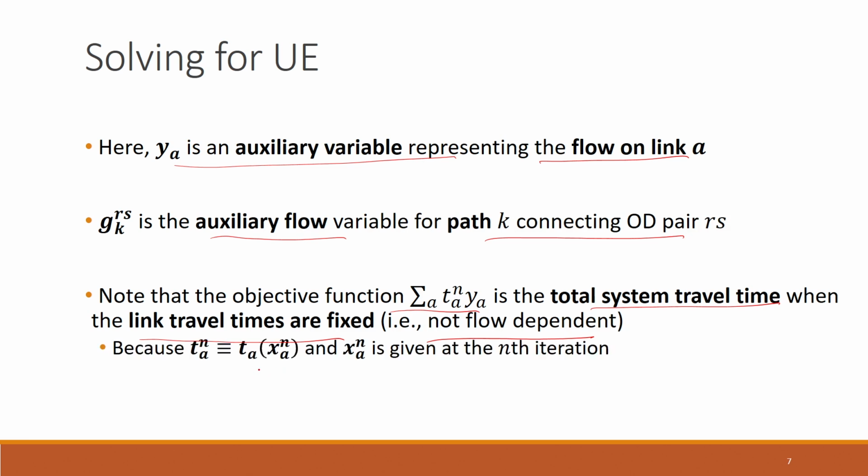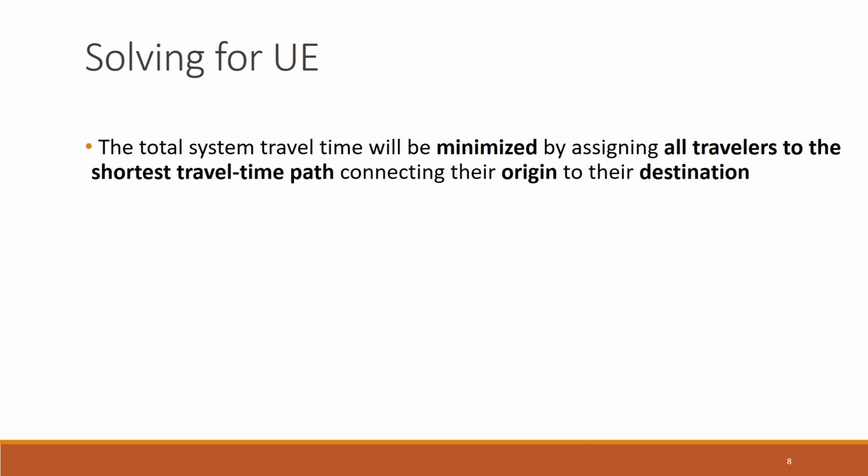Why is that? Because you know the solution at the nth iteration, so you know the flow through every link a at this current iteration n, so you know the travel time through every link a, okay. Therefore this total system travel time, where the travel times are fixed, can be minimized by assigning all the travelers to the shortest travel time path connecting every origin to destination.